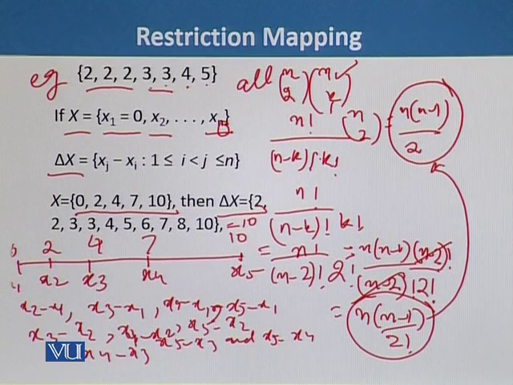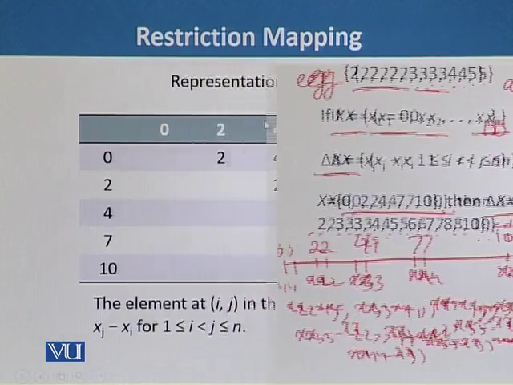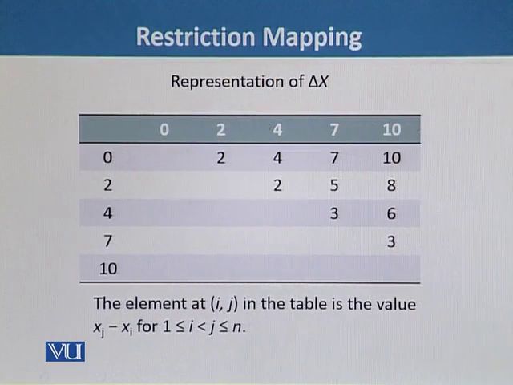If we calculate all these values, then it will come out to be 2, 2, 3, 3, 4, 5, 6, 7, 8 and 10. We can also draw a table to calculate the same values. For example, we have a set of 5 elements 0, 2, 4, 7 and 10.